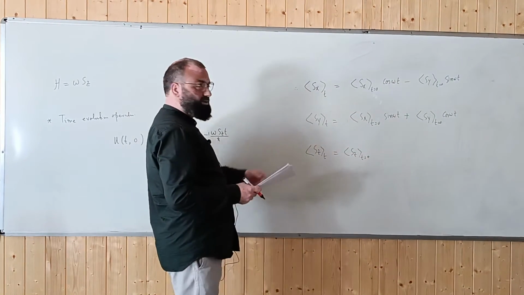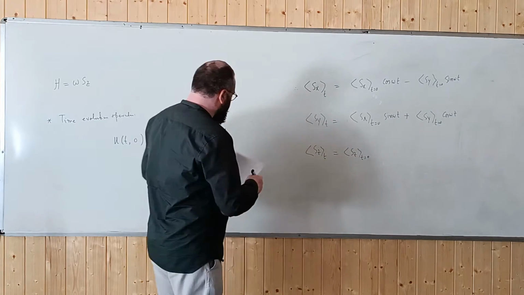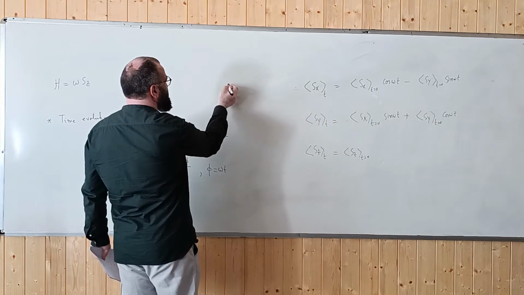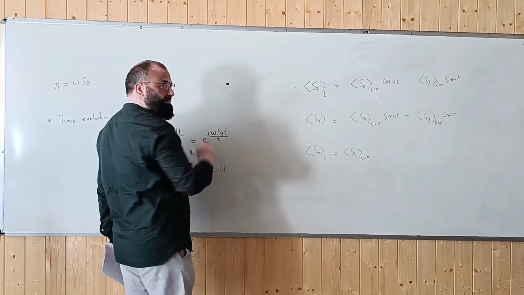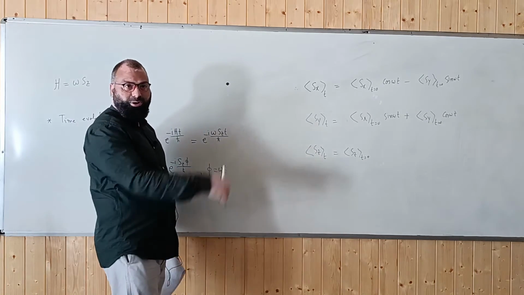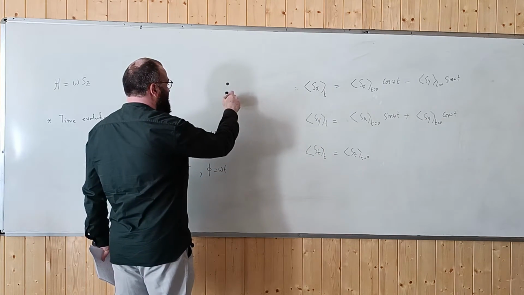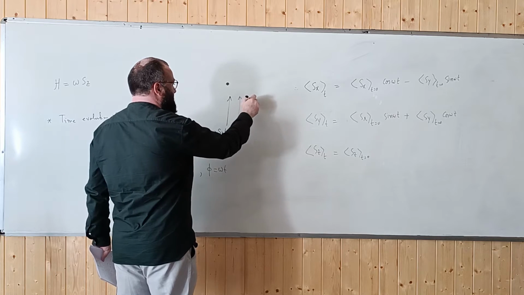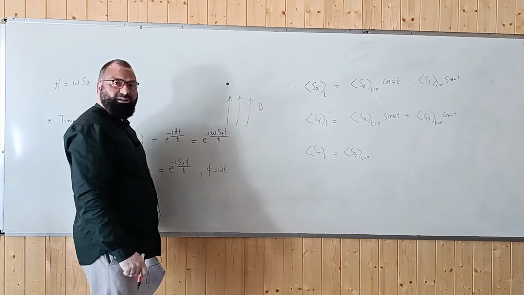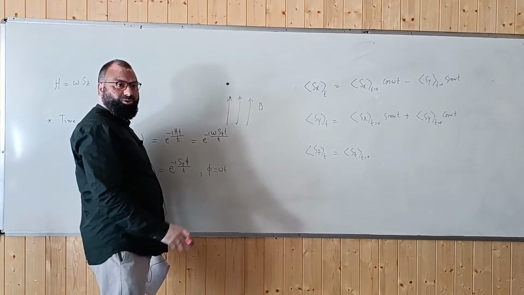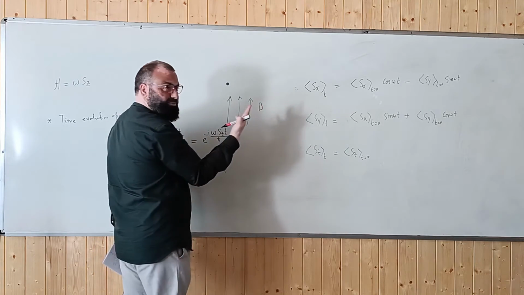Now let's make a picture. Suppose you have a spin half particle here, and you apply an external magnetic field along the z direction, a constant magnetic field. You describe these average values by a vector.